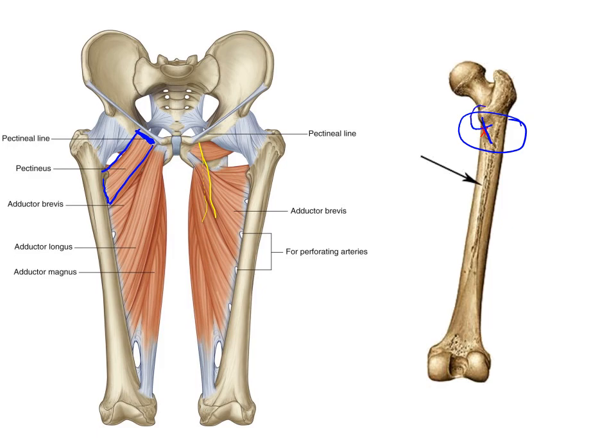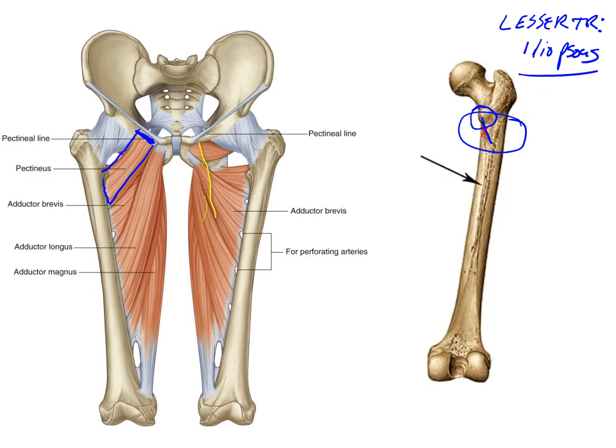Can you remember what we just talked about that attaches to the lesser trochanter? If you said the iliopsoas muscle, you'd be right.